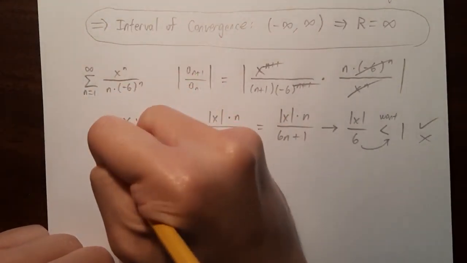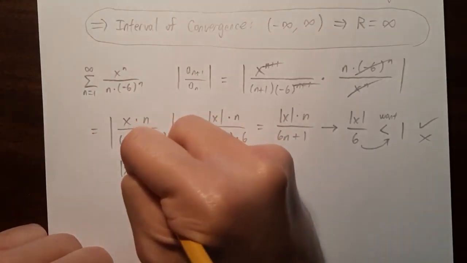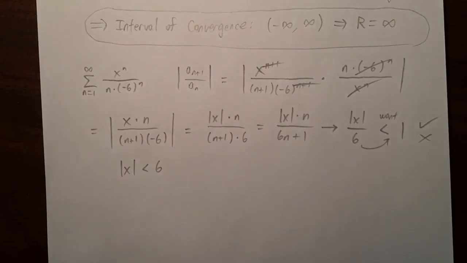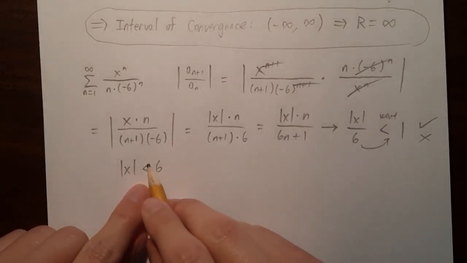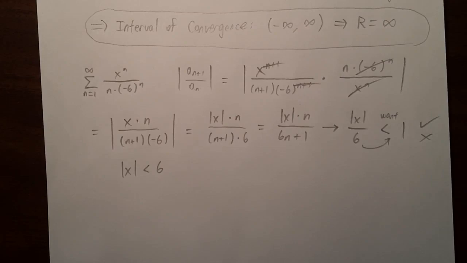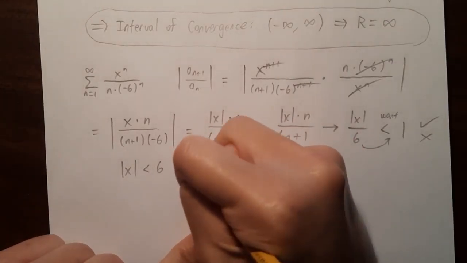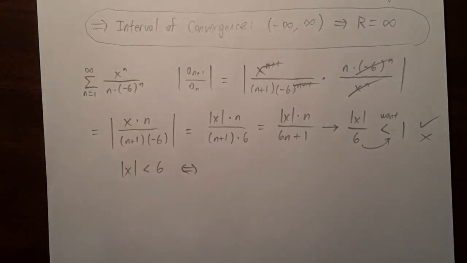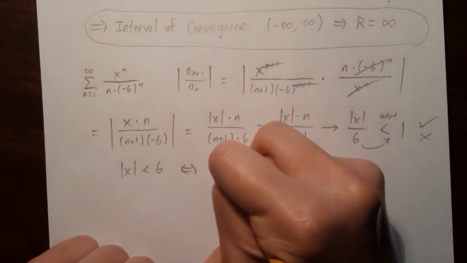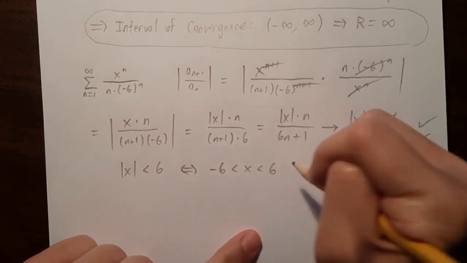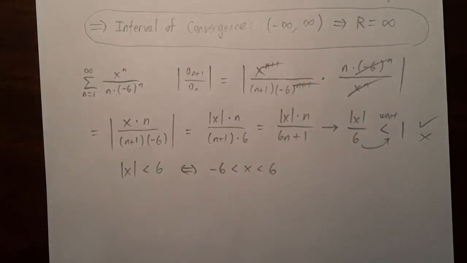So I'm going to get absolute value of x is strictly less than 6. And now I need to undo the absolute value. In the case of an inequality like this, if you have a less than, this doesn't work if this says greater than, but if you have less than, you can actually break apart this inequality into two inequalities and get rid of the absolute value. So this breaks apart into -6 less than x less than +6.